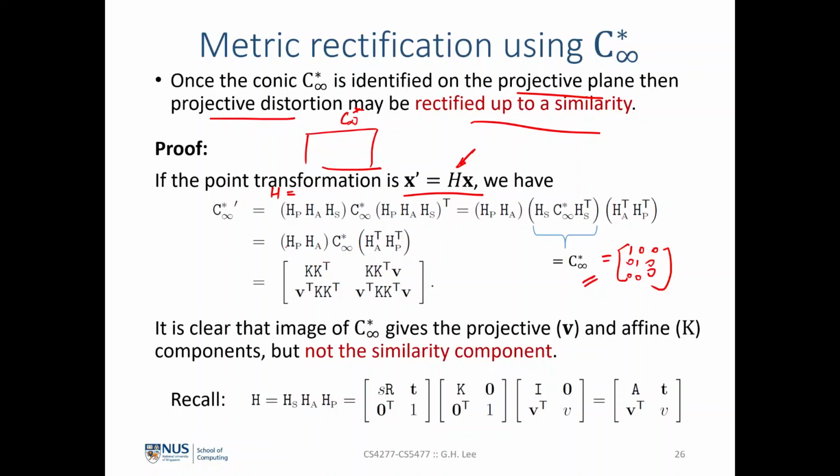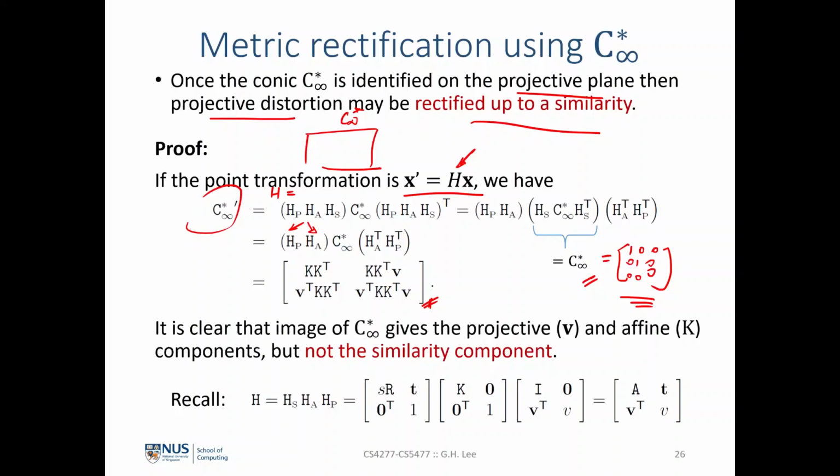Then we are left with the HP and HA terms, which, according to what we have defined earlier, we can express with respect to C infinity star, given by this matrix here, and obtain this final matrix to represent C star prime after the projective transformation. And this is what we will use to denote C infinity star prime.